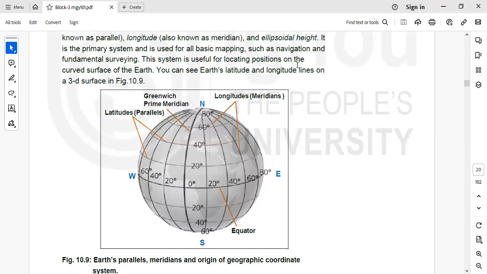So our Earth has several latitudes and longitudes.